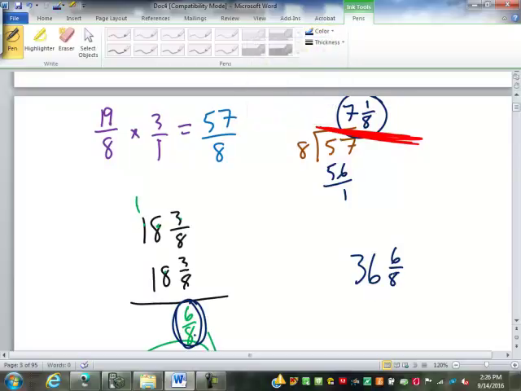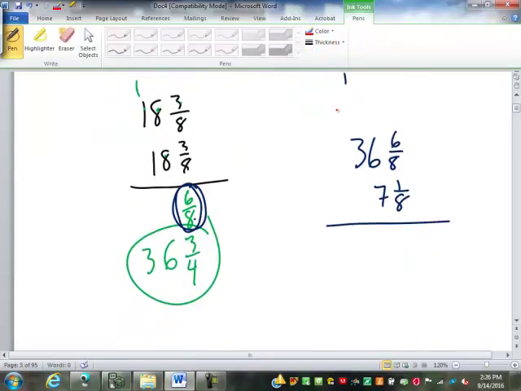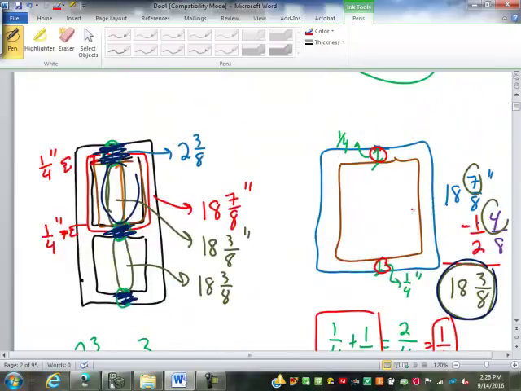So to the 36 6/8, I'm going to add 7 1/8. 6 plus 1 is 7/8. 6 plus 7 is 13, so 3 carry the 1. 1 and 3 is 4. So 43 7/8 is the overall height of that door. Make sense?